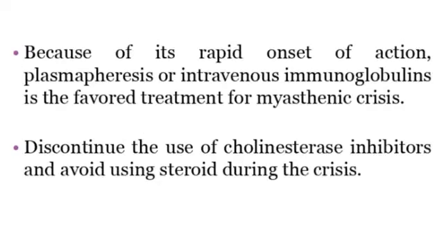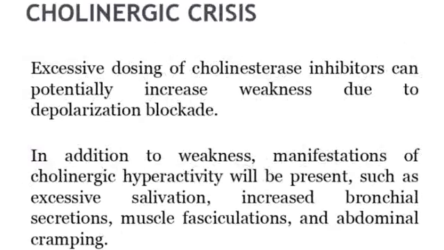Because of rapid onset of action, plasmapheresis or IVIG is the favored treatment for myasthenic crisis. Discontinue the use of anticholinesterase inhibitors and avoid using steroids during the myasthenic crisis. Cholinergic crisis: the excessive dosing of cholinesterase inhibitors can potentially increase weakness due to depolarization blockade.